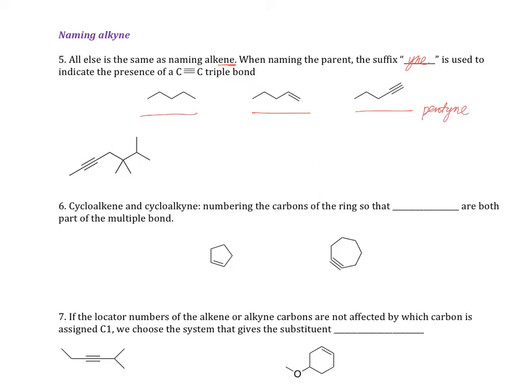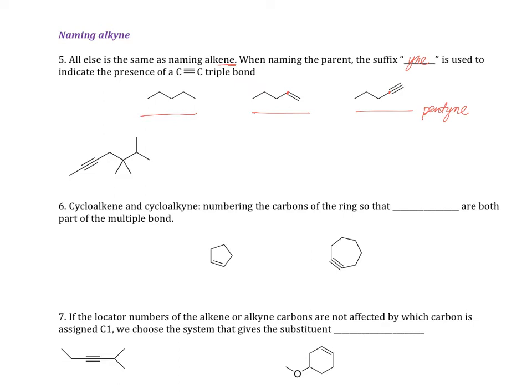Okay, be careful when you draw out alkynes. When you draw out an alkyne, we want to draw the bond linear for the triple bonded carbons. Like in this case, for a double bond, we can draw an angle of 120 degrees. For triple bonded carbons, we always want to have a bond angle of 180 degrees. So why is that?